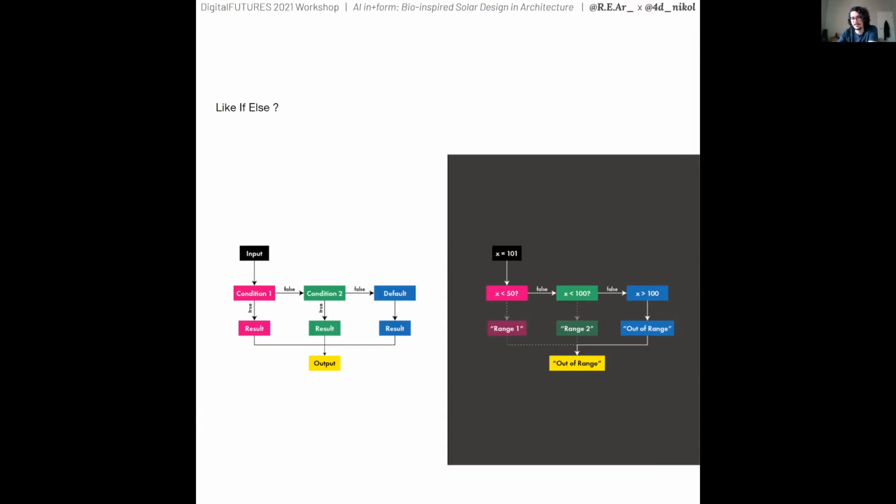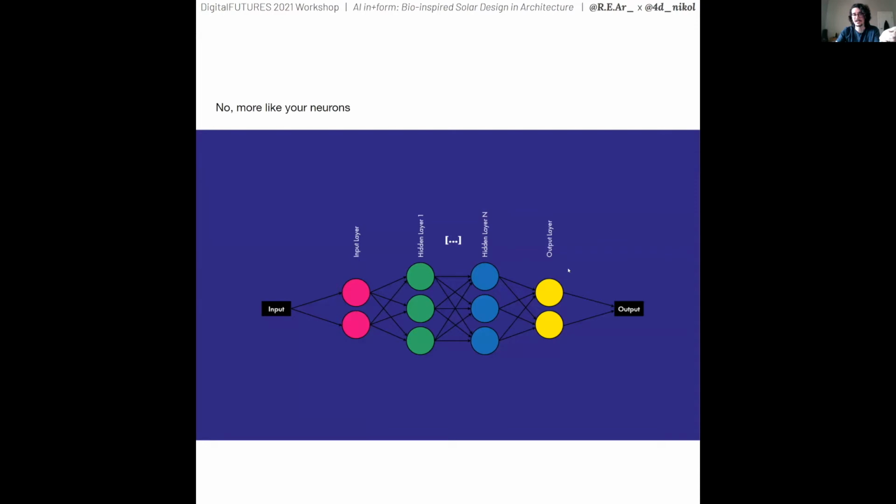Like if you have an input, you check if it meets a certain condition, and if it meets this condition, it does something in particular. Well, machine learning doesn't operate like that. That's why it's hard to program it.